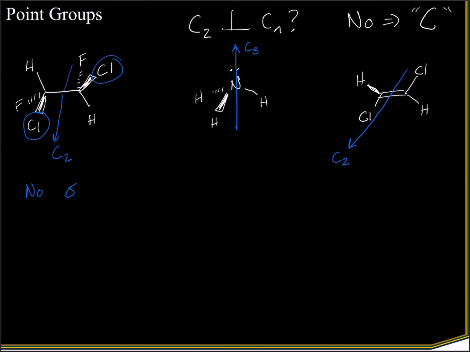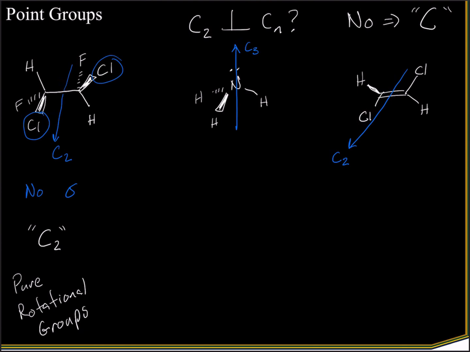So there's no sigma H, there's no sigma V, and there's no improper rotational axis that we can draw out here. And so what we have is a C2 is just the name of this point group. Again, this is one of those pure rotational groups, meaning the only symmetry operations that it contains are rotations. Right? It's not necessarily in our low symmetry point group, but the only thing it can do is rotate.